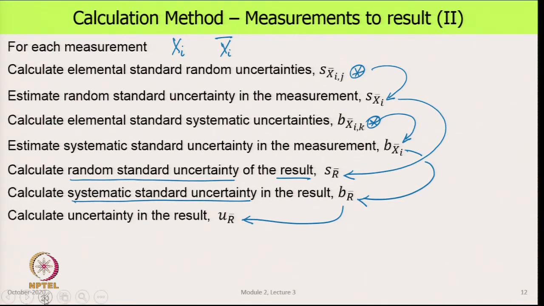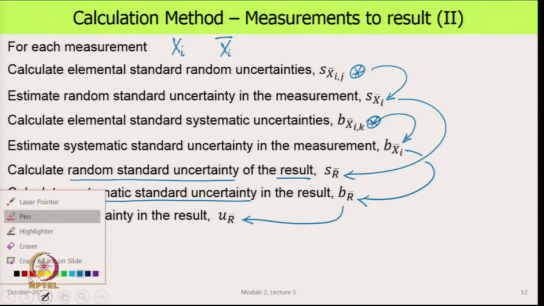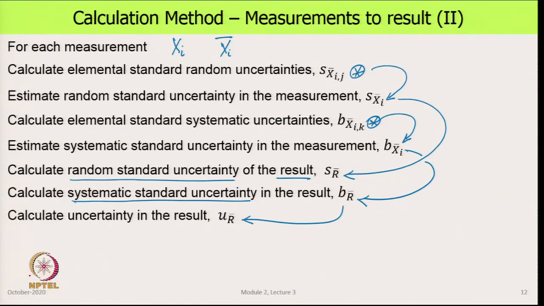So, what do we have? Until this point, for this part, the treatment of both methods is the same. And what we are doing is, we are taking each measurement x1, x2 and so on, repeating these 4 steps for each one of them.